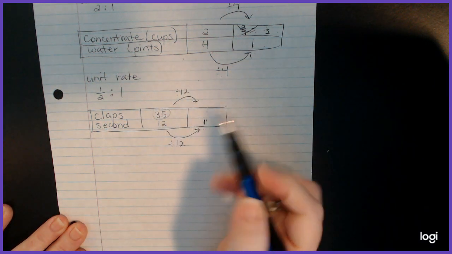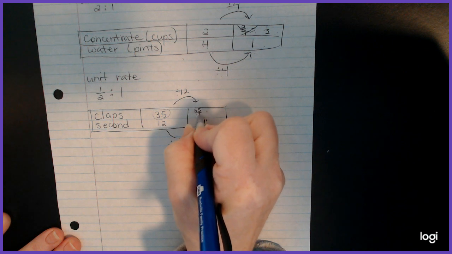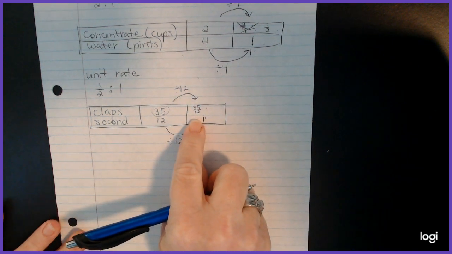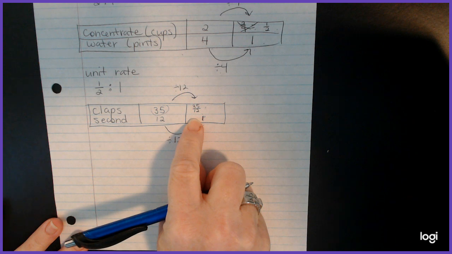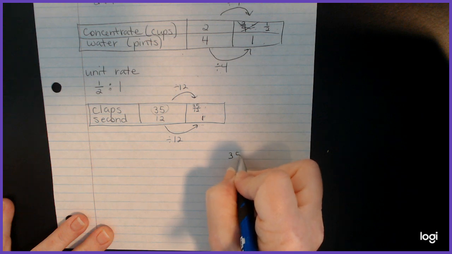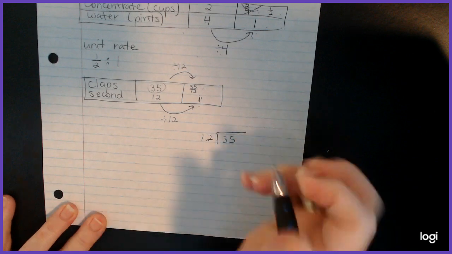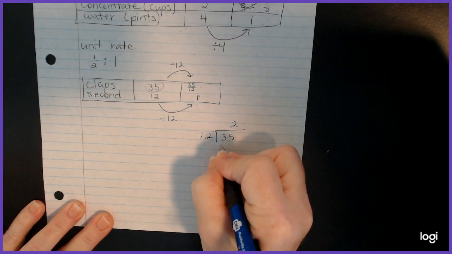That's not going to come out very evenly, so I'm going to do something like this, 35 divided by 12, and then I'm going to have to simplify that fraction, which we've done before. For me, mine's a top-heavy fraction, which I'm sure some of yours might be as well. So I'm going to do something like this. Goes in there twice.